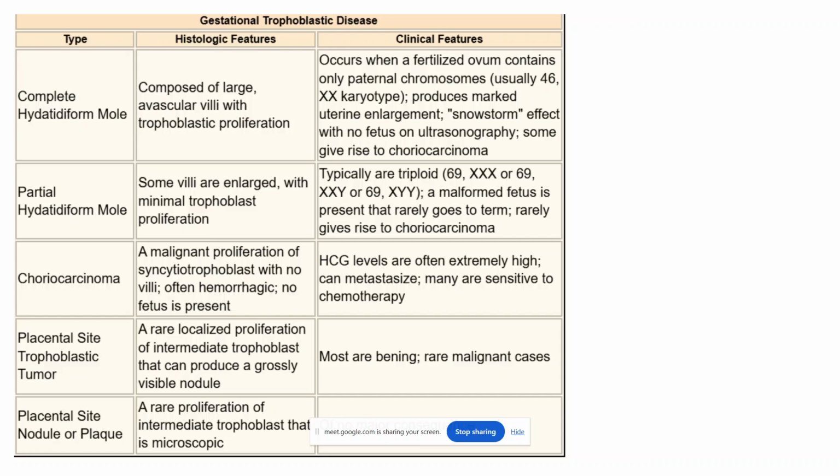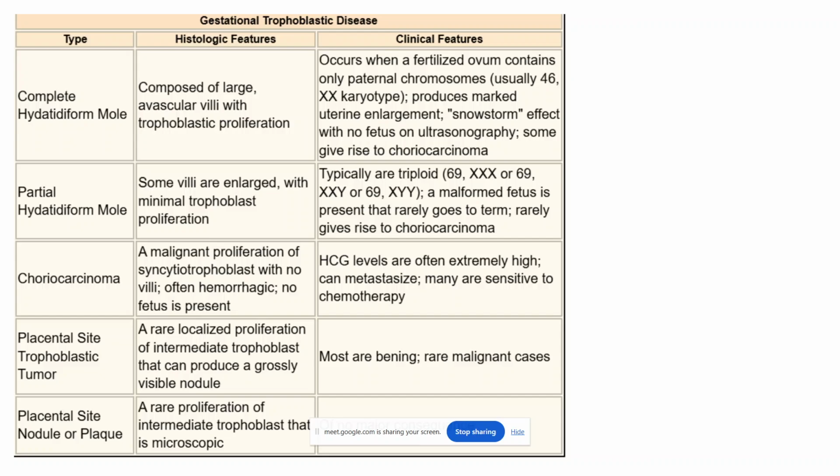That condition is the androgenic, and it produces uterine enlargement, and the whole placenta would be fragile. Only the fragile tissue is seen, no fetal tissue is seen, and that kind of appearance is called the snowstorm appearance on ultrasonography and may result in choriocarcinoma. Partial hydatidiform mole is where some villi are enlarged with trophoblastic proliferation, and they have chromosomes that are triploid.